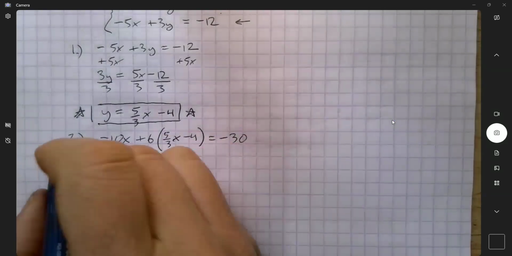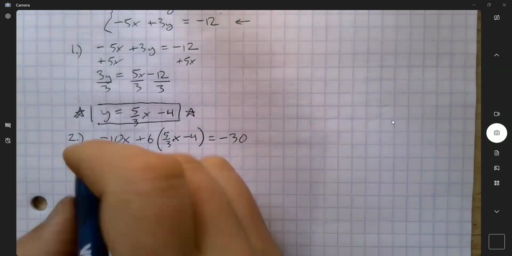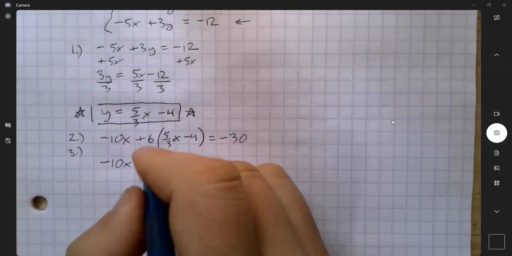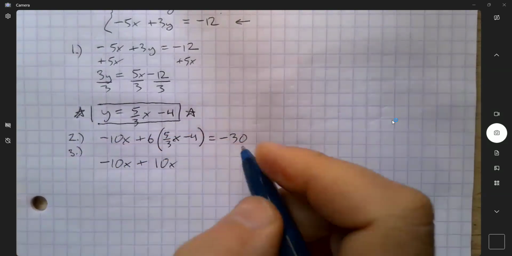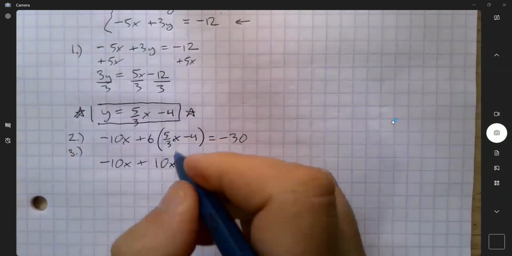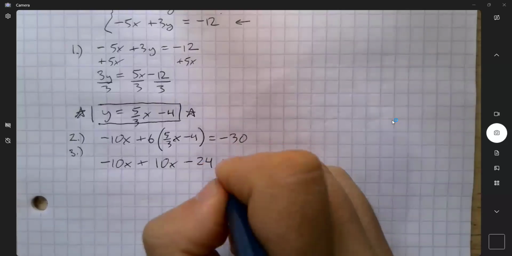And now I can solve this, or at least try to solve this. We'll see what happens for x. Minus 10x, the 6 times 5 over 3, that's actually 10x. 6 times 5/3 is 10. And 6 times negative 4 is negative 24.